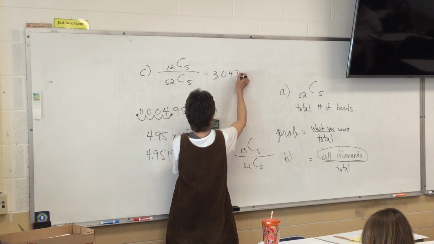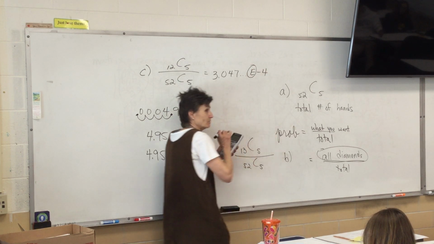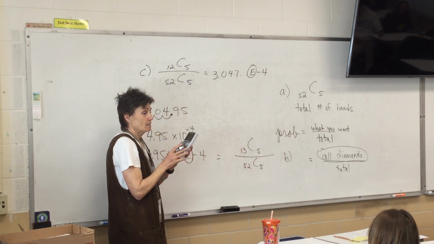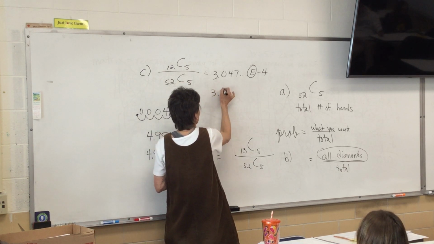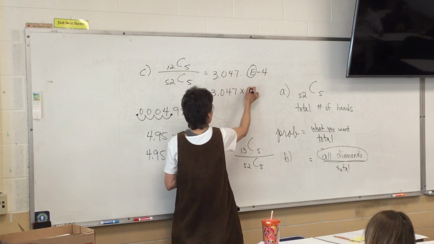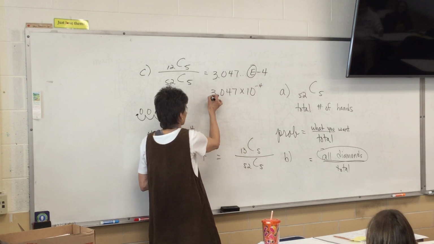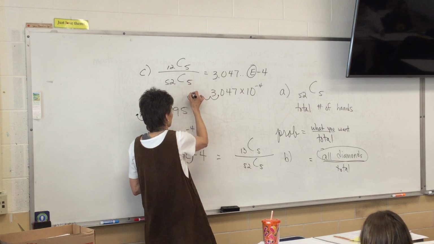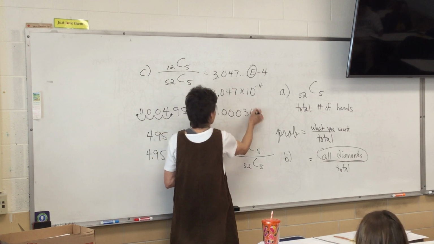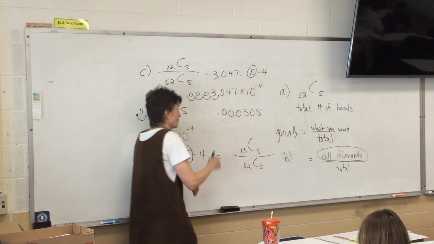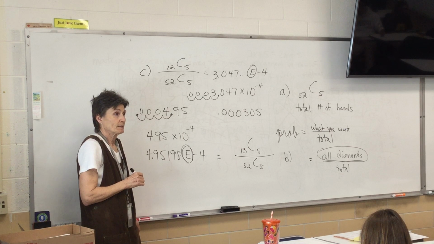Pay attention and look for that E. That's your scientific notation. So this is 3.047 times 10 to the negative 4th. So we're going to write down 0.000305 if we round it off, or 3047. That's your probability.